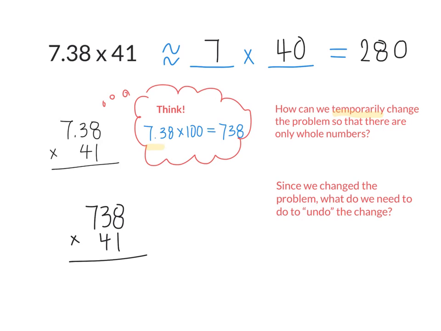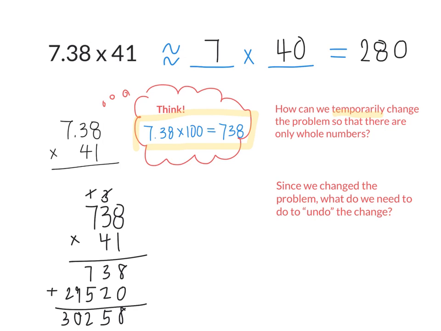Well, if I multiply 7.38 times 100, don't I get 738? So I'm going to temporarily change this problem by doing 738 times 41. That's a lot easier because there's only whole numbers. Do you agree? Okay. So when I multiplied 738 by 41, I got the final product of 30,258.